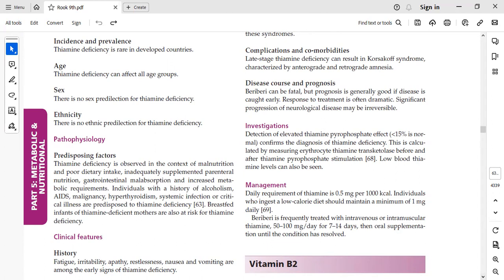Other conditions with increased metabolic requirement include malignancy, hyperthyroidism, and critical systemic illnesses.